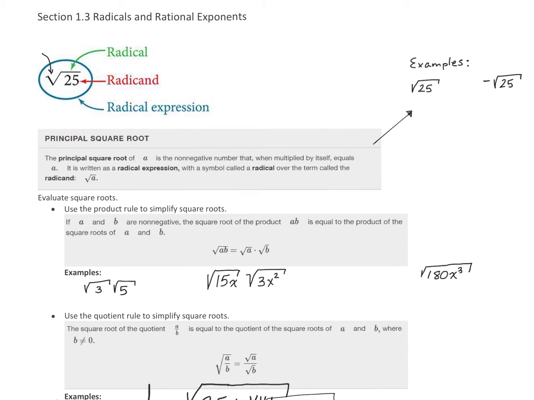The square root symbol is called the radical. The number underneath is called the radicand, and the whole thing is called a radical expression.